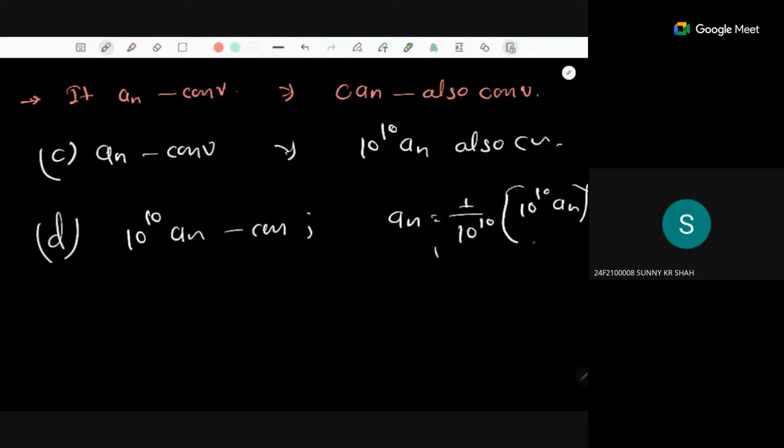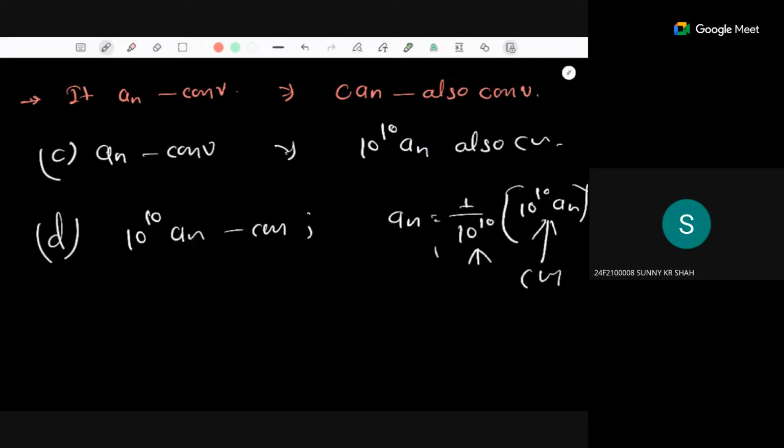Both cancel out, and this converges, since any constant multiple will also converge. So both imply each other: if AN converges, then 10 to the power 10 AN also converges, and if 10 to the power 10 AN converges, then AN also converges. But in the option, it's given that AN need not converge. Because of that, this option is incorrect.